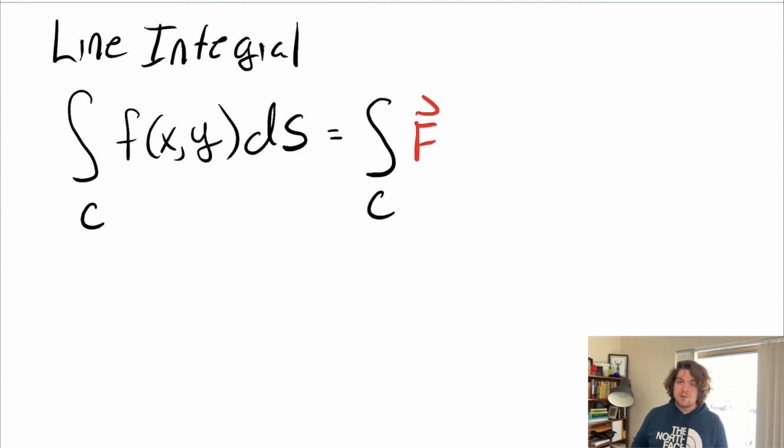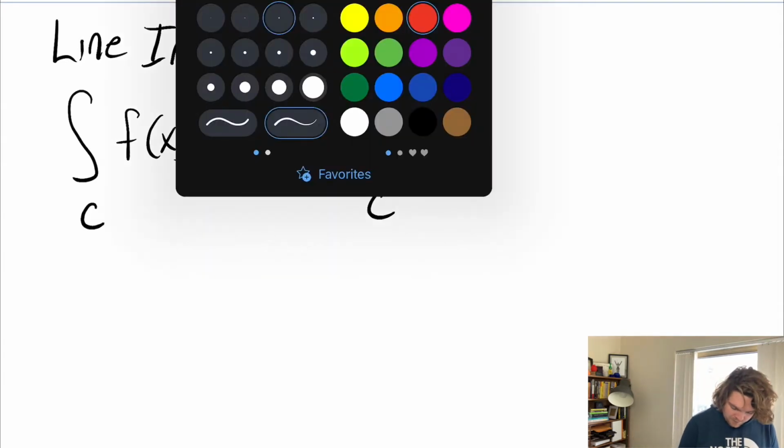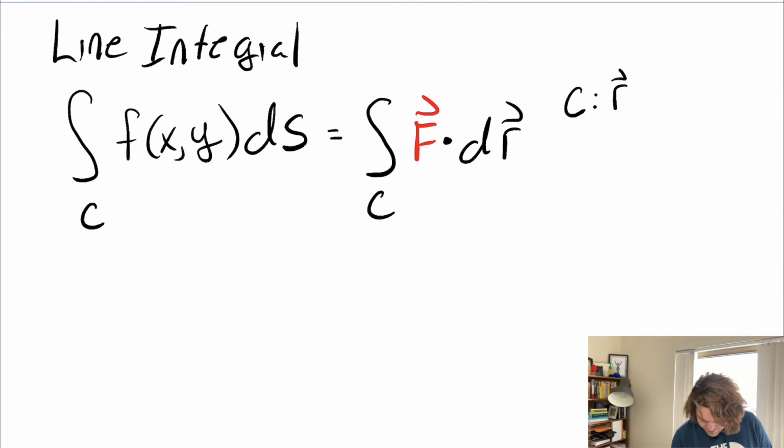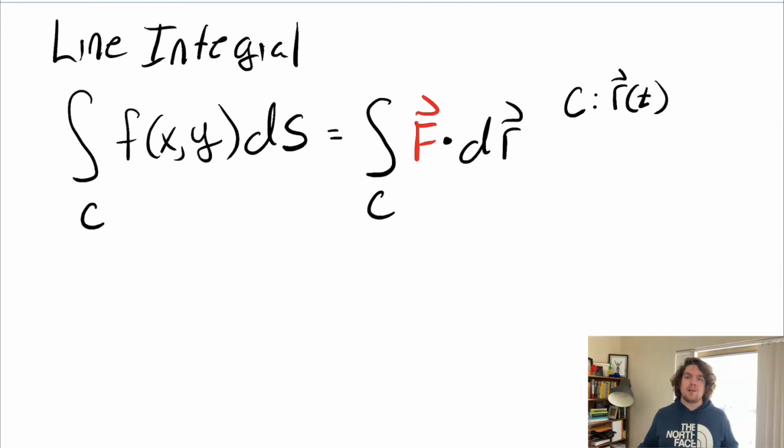Now as our curve is traveling through the vector field, we're going to integrate with respect to our curve, which is given by some vector valued function r. So when I write C, I'm really representing C as the vector valued function r of t, and my function of x and y, or x, y, and z if we have a function of three variables, just represents the vector field.